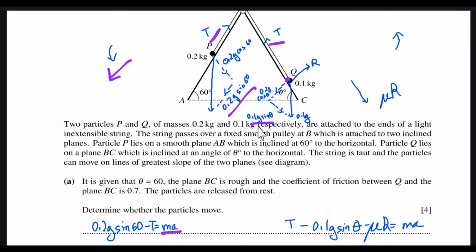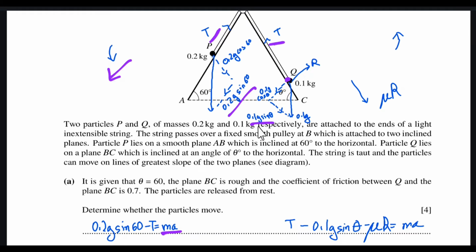Since the values of T are equal, we can equate these two expressions to find the acceleration. If there is an acceleration, then the particles must move, hence the particles move.